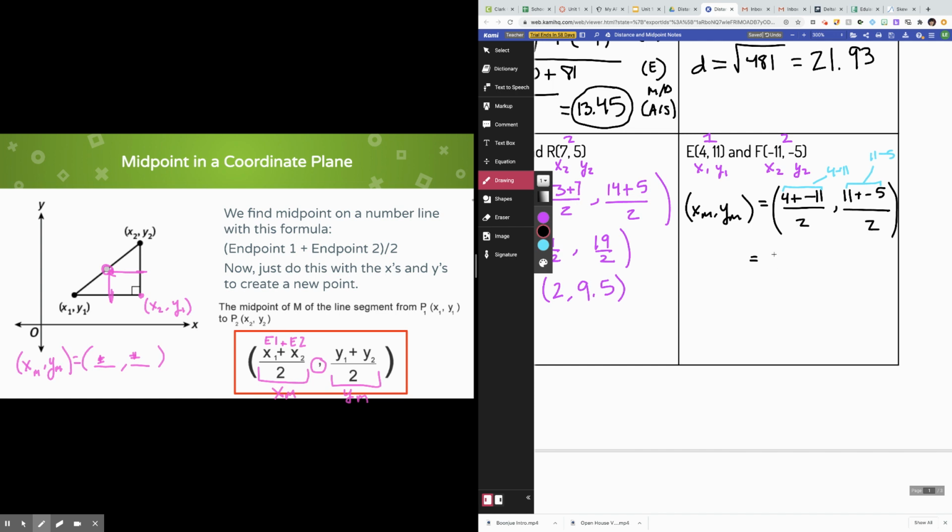Okay, so 4 plus -11 is -7. Another way you can think about this, if this isn't something you did in middle school or in your pre-algebra classes: if you have two numbers and you're adding them, you have +4 and -11.